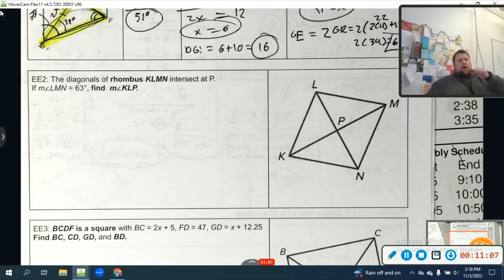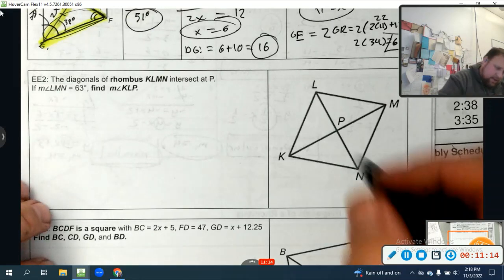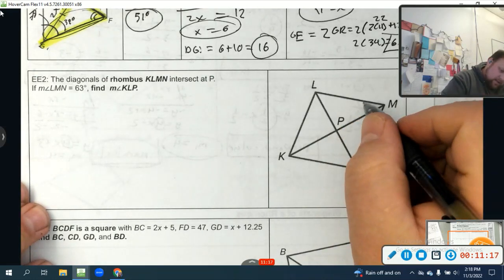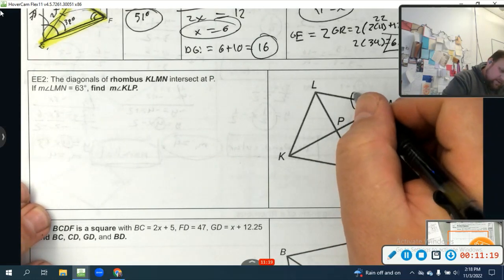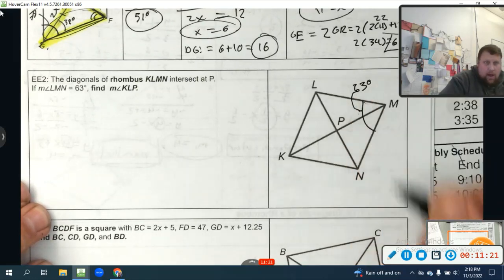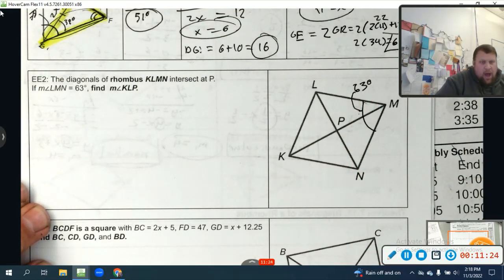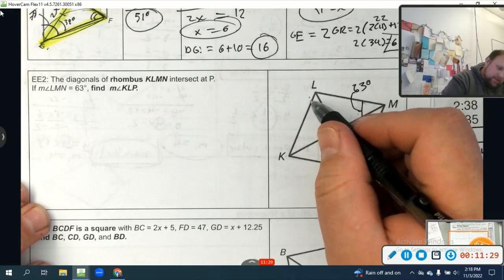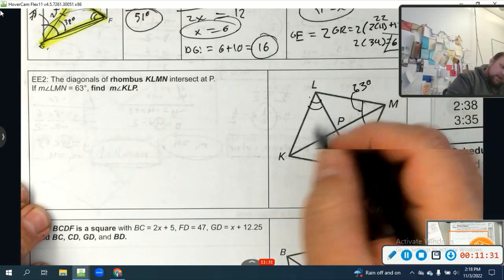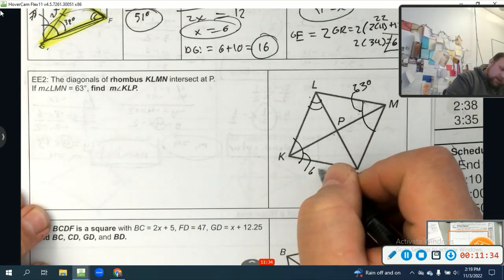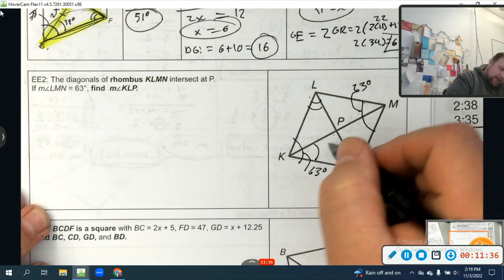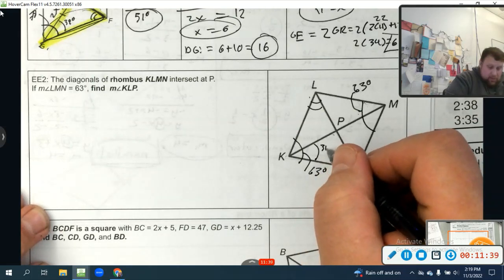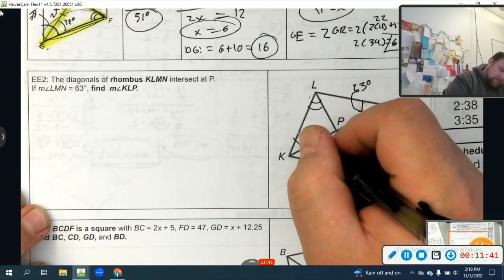The diagonals of rhombus KLMN intersect at P. If the measure of angle LMN, this whole thing again, is 63 degrees, find the measure of angle KLP, so it's this angle right here. Where again, I know this whole angle is 63. If that's true, this half angle right here is just 31.5 degrees, right? Same as this one.